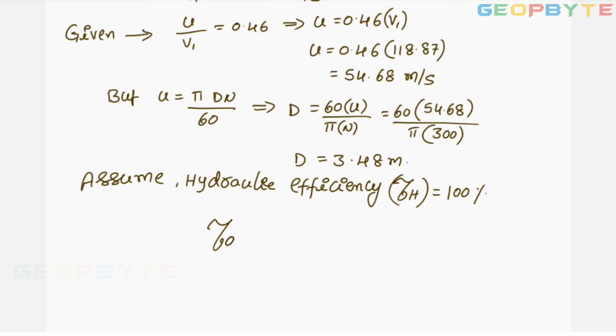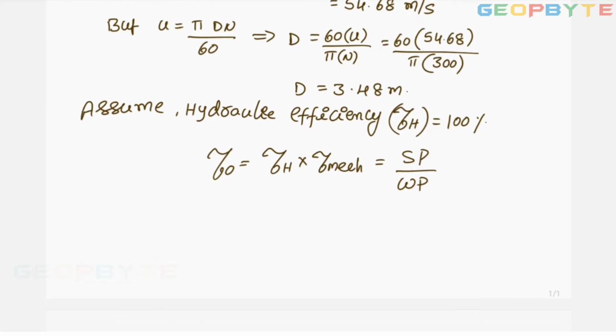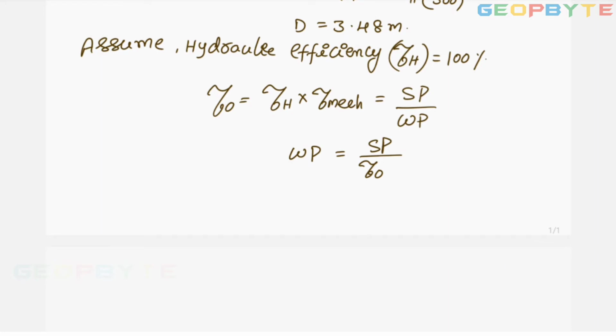Then overall efficiency equal to hydraulic efficiency multiplied by mechanical efficiency. It is equal to shaft power by water power. From this, the water power equal to shaft power divided by overall efficiency. Here hydraulic efficiency we assumed as 1 or 100%. So it is equal to shaft power by the mechanical efficiency.